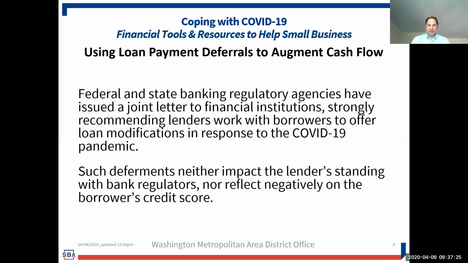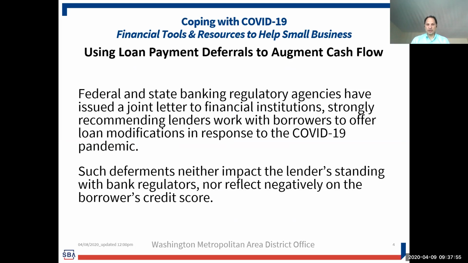The reason the regulators have done this is because usually banks don't want to do this, and they especially don't want to do this in high numbers, because when they do a loan modification and stop taking payments on the loan to help whoever the borrower is, the loan is called being in non-accrual status, meaning it starts looking like a bad loan. And the lender or the bank, they can get penalized by their regulators.